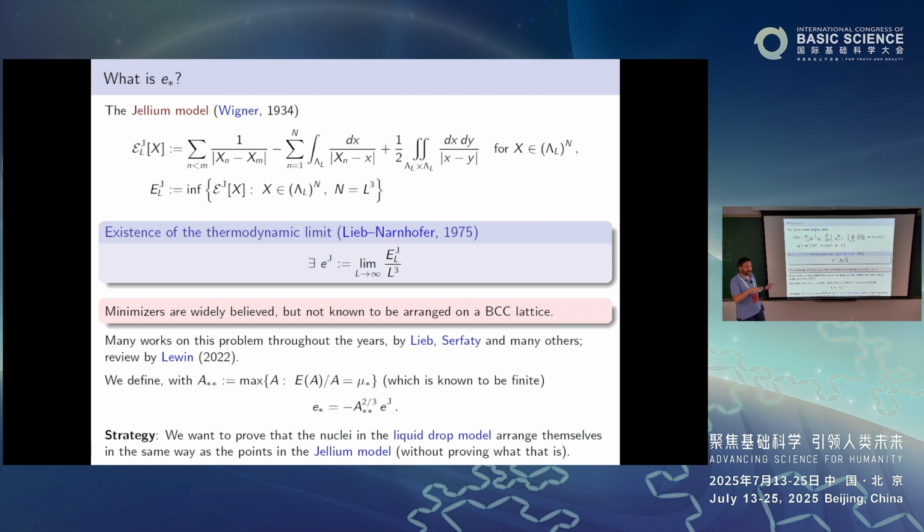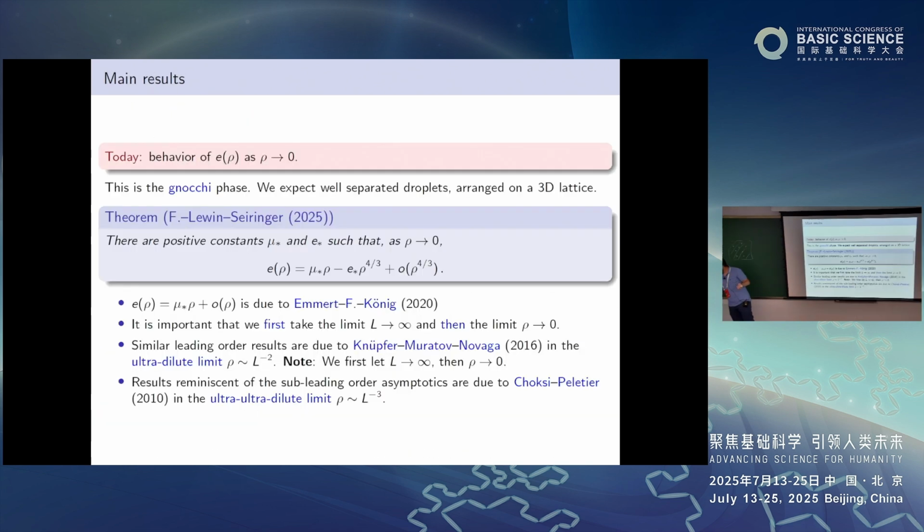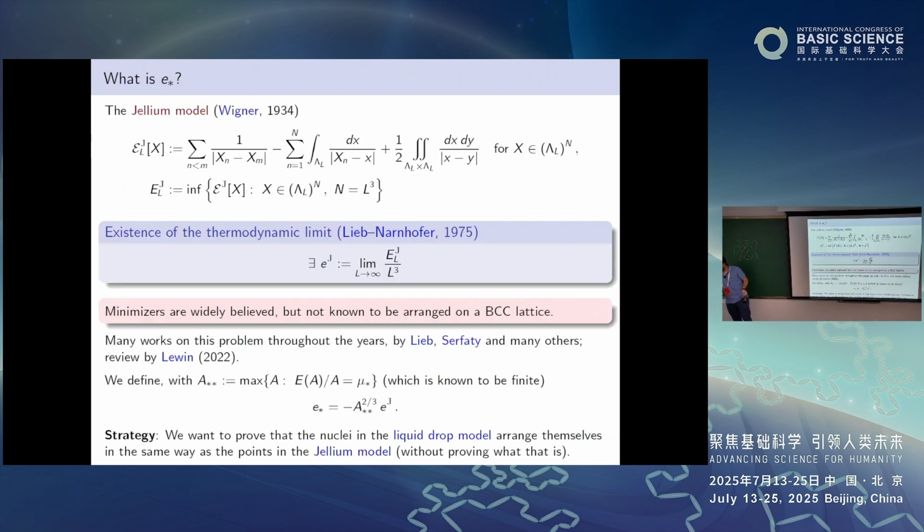Now coming back to my constants, remember I still want to define for you what this constant E star is. Well, here it is. The E star is essentially this jellium energy, and then multiplied by sort of the mass, you know, that's sort of the A's.